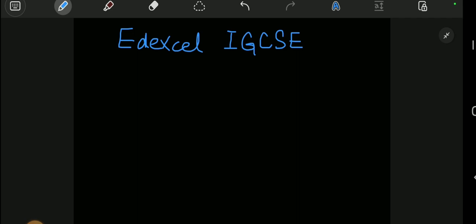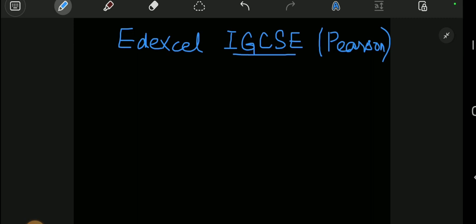Just like we have O levels for Cambridge CAIE, we have Edexcel by Pearson, and the syllabus that we are going to cover is for IGCSE, International GCSE.